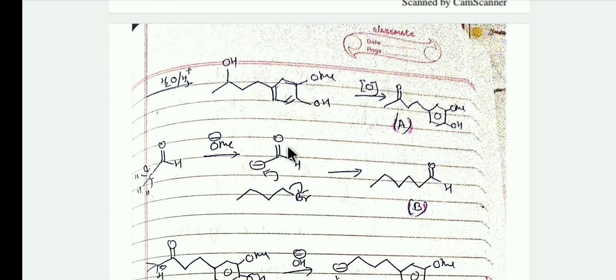Now the anion reacts with another synthetic equivalent, CH3CH2CH2CH2Br, where Br is removed with its bonding electrons. So this carbon becomes positively charged, and this carbon and this carbon, which are oppositely charged, make a covalent bond. So this compound B is easily prepared by addition of these two compounds, one synthetic equivalent, another synthon.